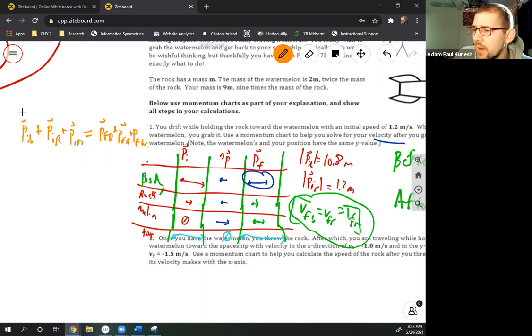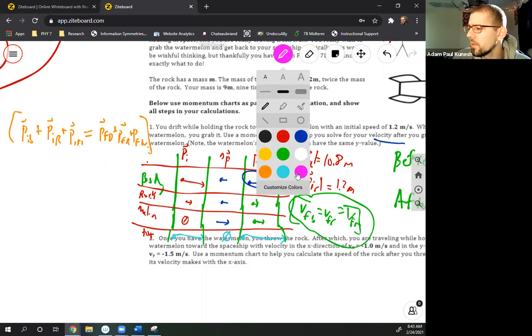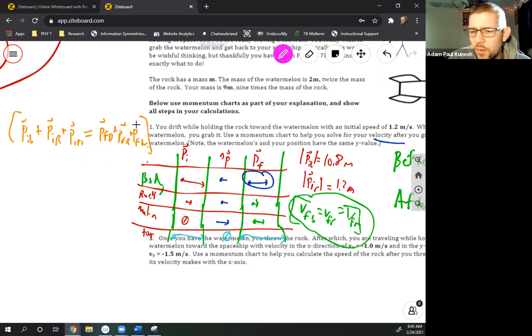Okay, so this is my conservation of momentum equation. It tells me that the initial and final momenta are the same. The total initial and total final momenta are the same. So to write this one step back, P initial total equals P final total.